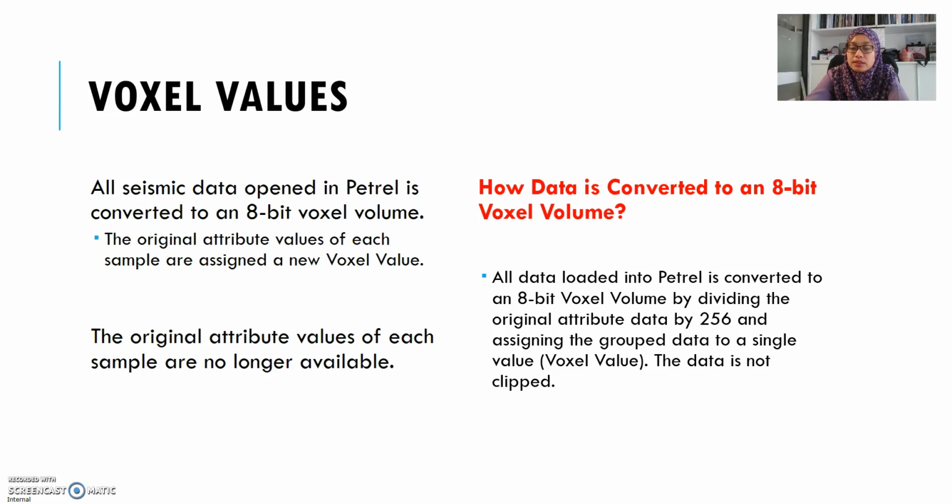As an example, once you load your 3D seismic data into the interpretation software, it is converted to an 8-bit voxel volume. How? By dividing the original attribute data by 256 and assigning the group of data to a single voxel, a single value. The data is not clipped, meaning the data is still there, it's not being removed, it's just being assigned to a single cube.